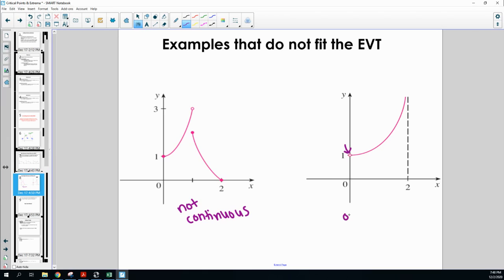It's on an open interval. So on the extreme value theorem, it has to be on a closed interval. So open interval. So this makes the extreme value theorem not true, or it doesn't fit it here because it's not a closed interval. Even though it seems to be continuous, it's not continuous at this point because it's open.